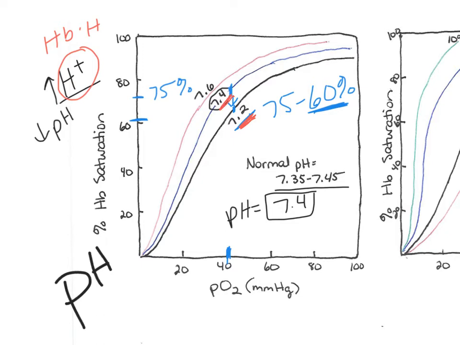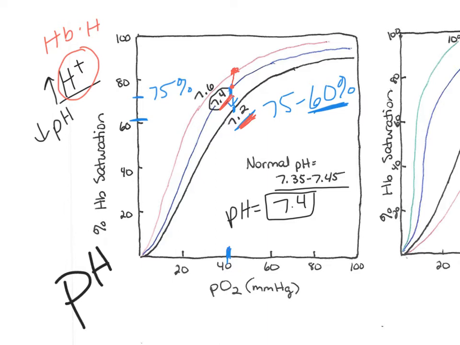So let's look at the opposite situation. What if the pH of the blood went from 7.4 all the way up to 7.6? So here we have less hydrogen in solution, and so hemoglobin doesn't have to bind to so much hydrogen. It'll be binding to the oxygen instead, and the percent saturation is going to go up.